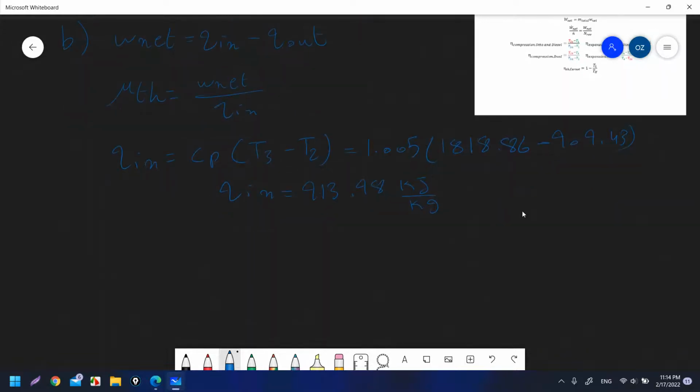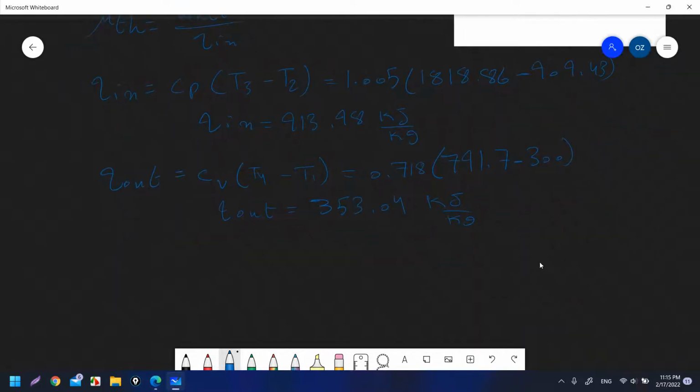Okay, for Qout is equal to Cv (T4 minus T1). Cv is 0.718, T4 is 791.7 minus 300 Kelvin. So Qout is equal to 353.04 kilojoule per kilogram.